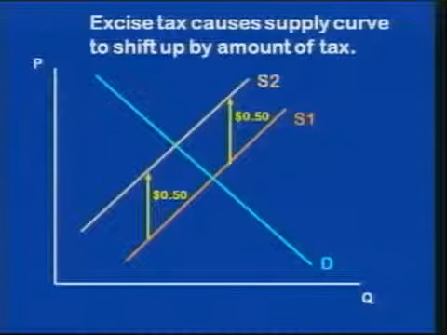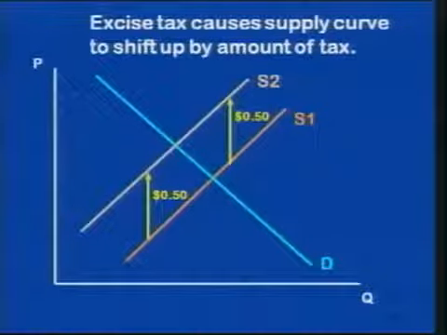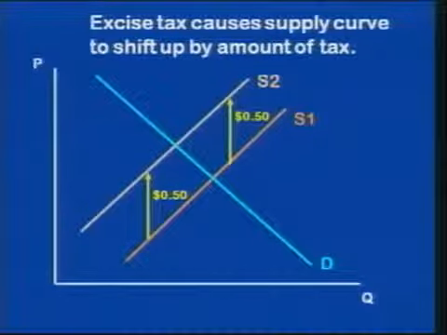So this point right here, which is what suppliers were willing to supply without the tax, now with the tax, 50 cents higher, they're still willing to supply exactly that amount. Because at this price, the consumer pays the price, the government takes 50 cents, and the supplier gets this price down here, which is where they were to start with. Okay?